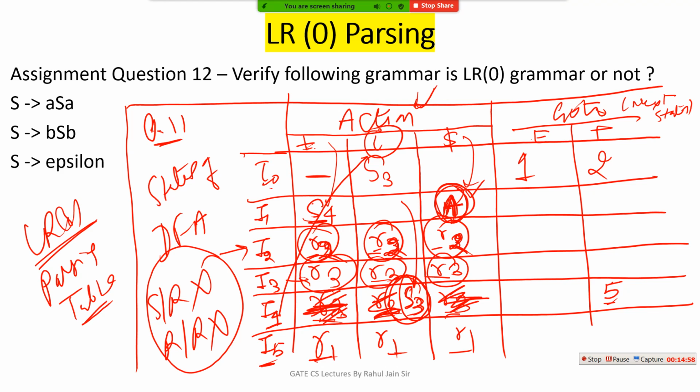It is a very simple question, guys. Okay, it is LR0. Some students are saying it is LR0. I am asking all of you to please answer whether it is LR0 or not.